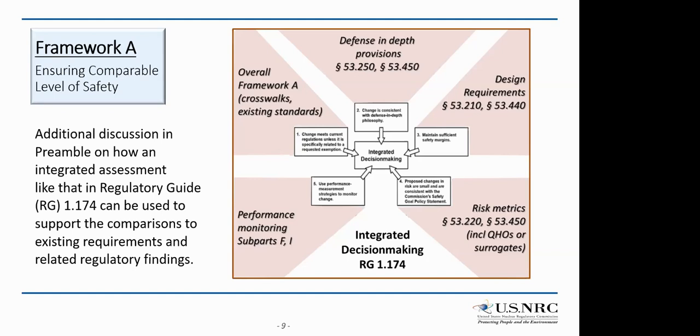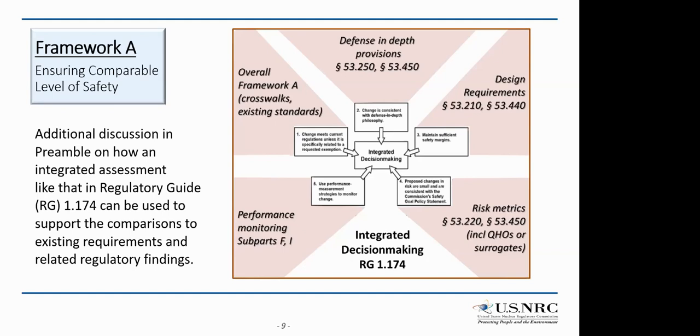Design requirements, including margins for SSCs, structures, systems and components, addressed in the engineering requirements in Part 53. Risk metrics, including consideration of the NRC safety goals, and in particular the QHOs.